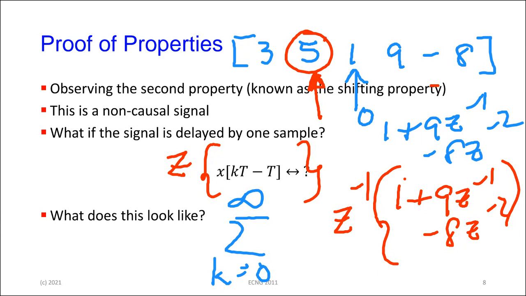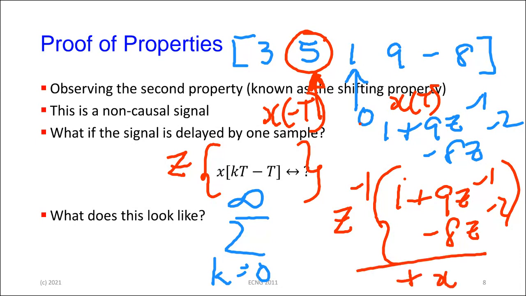This was the value x(minus t). Originally, this was x naught, this was x(t), and so on. If I delay it by 1, I now have x(minus t) in it. So the Z transform of this, if it is not causal, is this plus x(minus t). I have to bring it into it because it's now the first value.